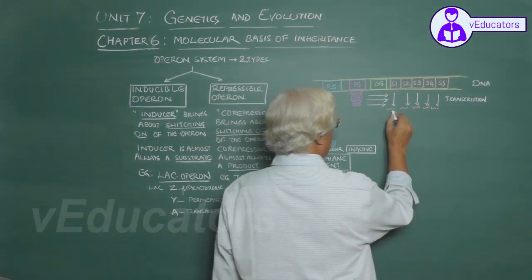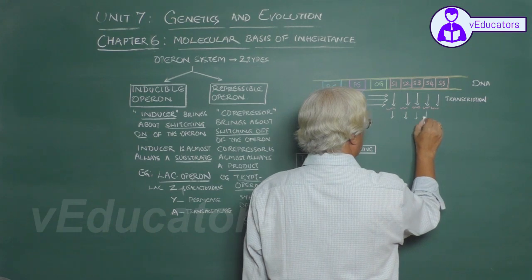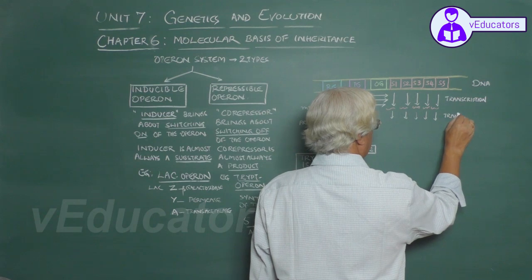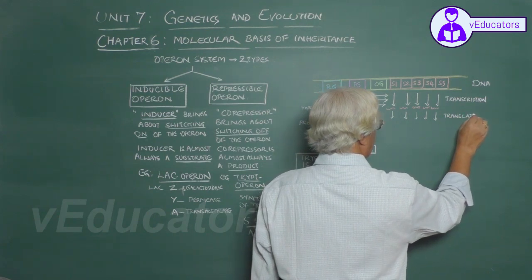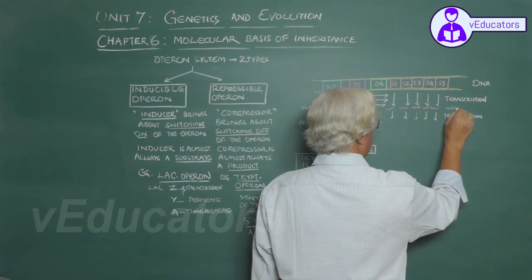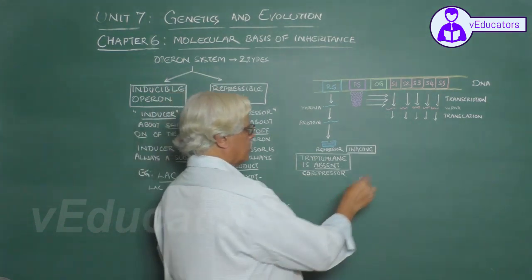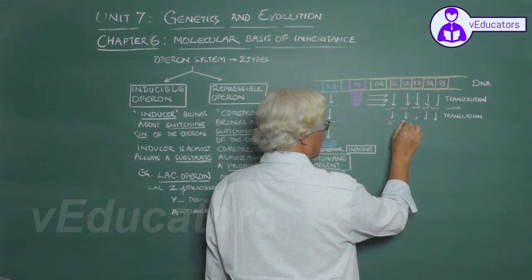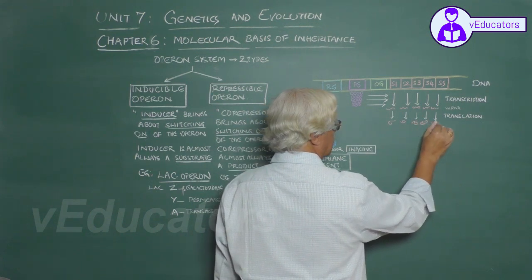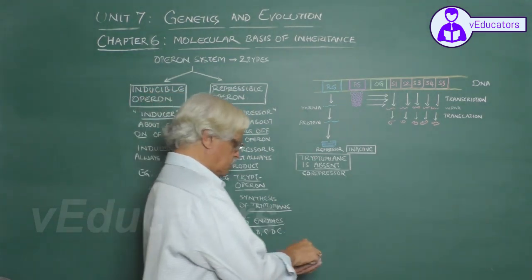Each of these mRNA molecules in the ribosomes undergo translation. So 5 protein molecules are synthesized.